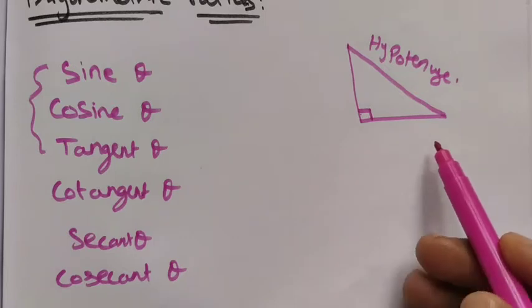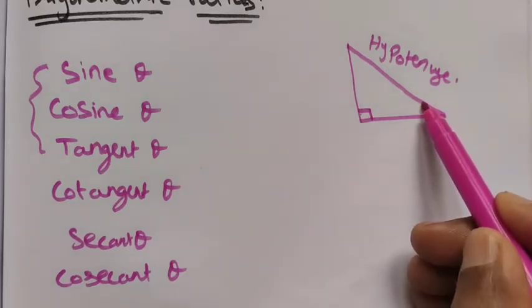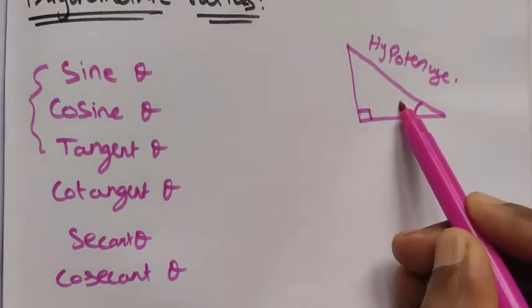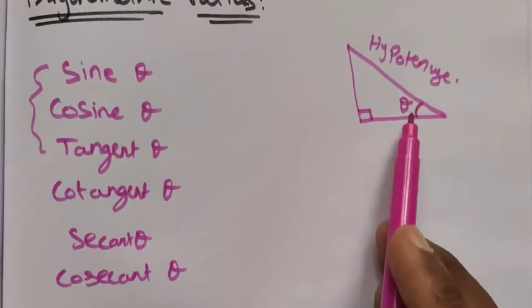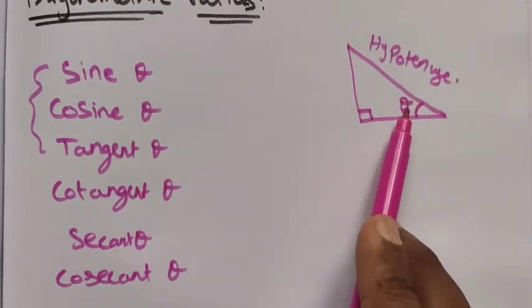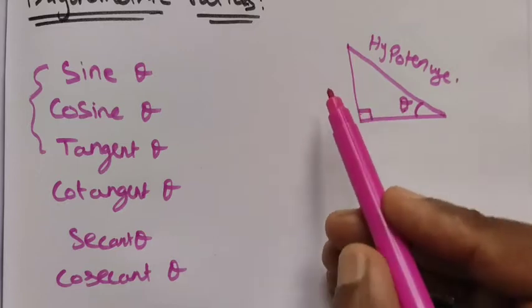If the angle theta is inclined here, wherever the angle is, the opposite place is called the opposite side.